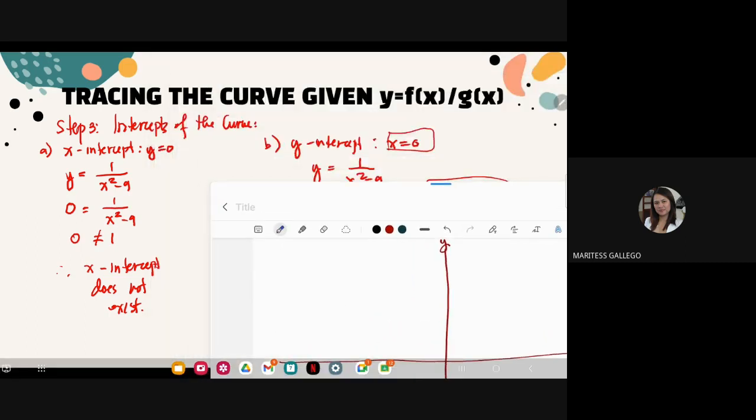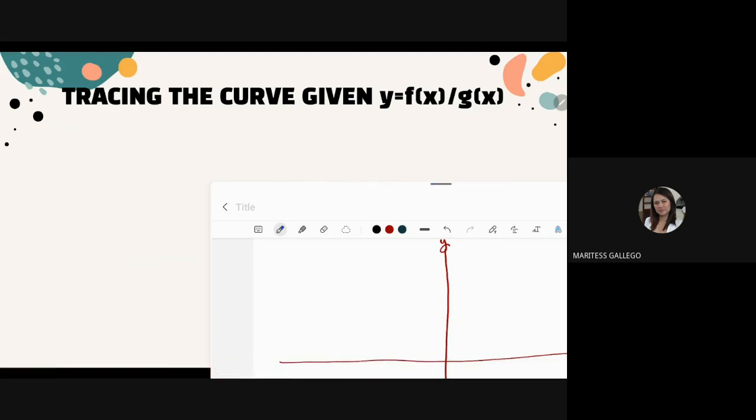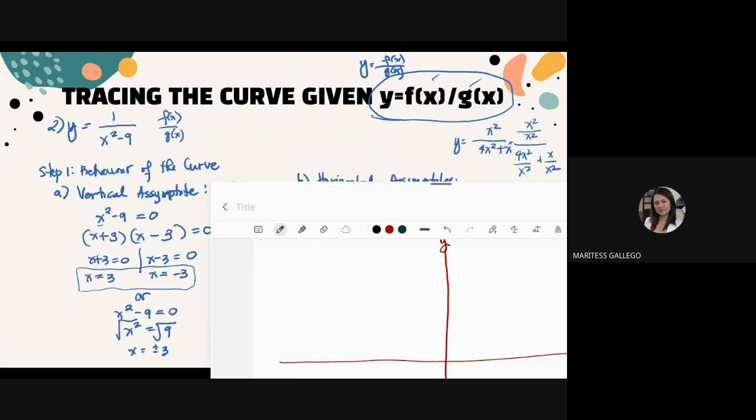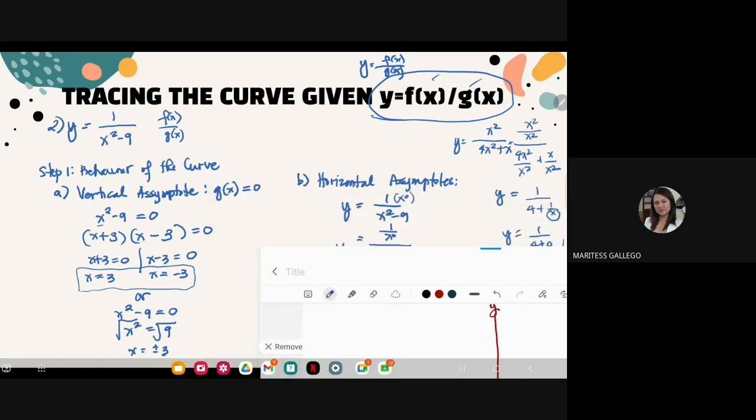Balik tayo sa behavior. Analyze muna natin yung behavior. Okay, sa behavior of the curve, vertical and horizontal.